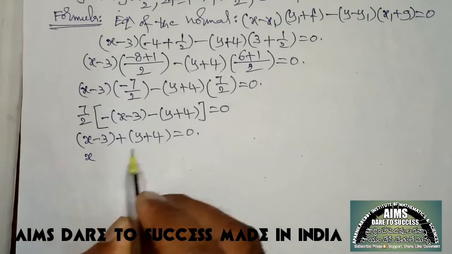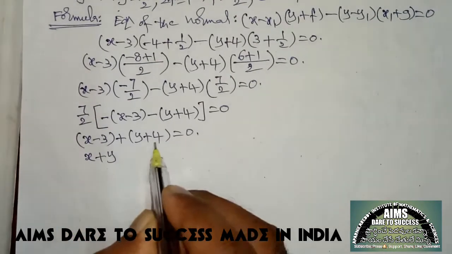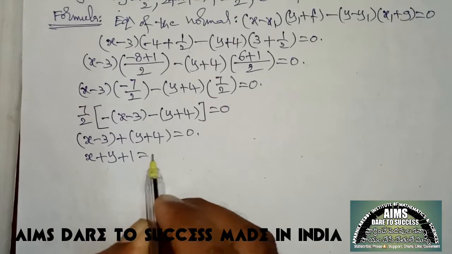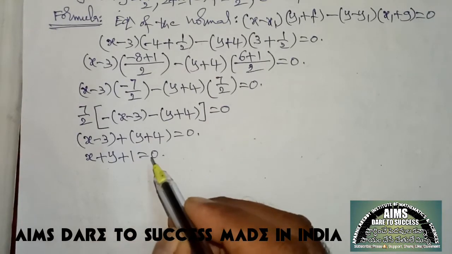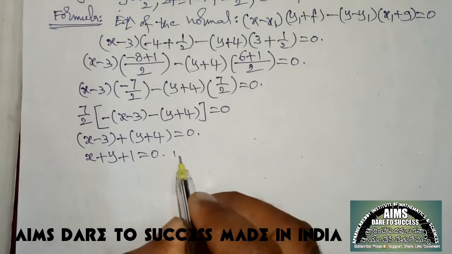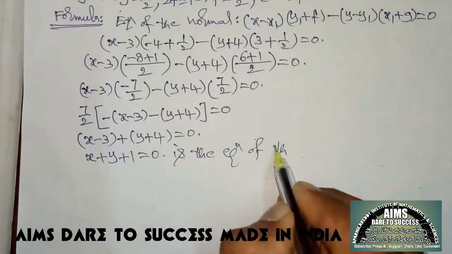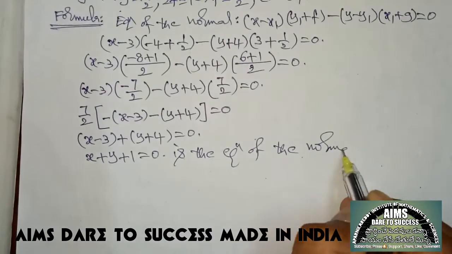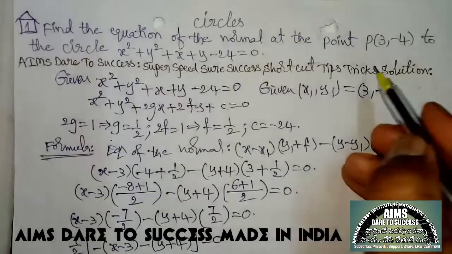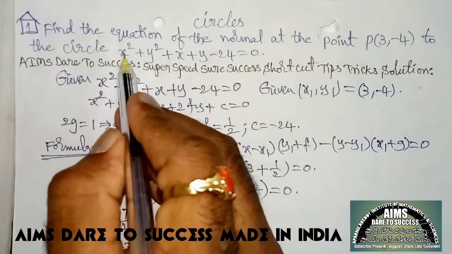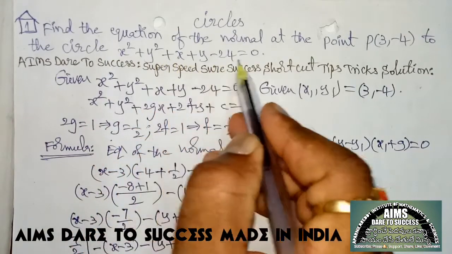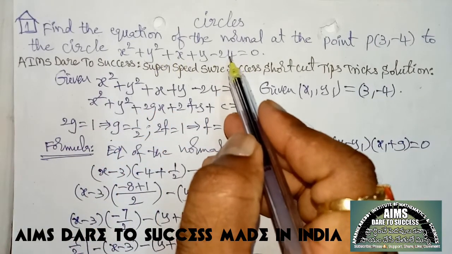The 7 by 2 goes to the right side, and the minus also goes to the right side. So the remaining value is x minus 3 plus y plus 4 is equal to 0. x as it is, y as it is, 4 minus 3 is plus 1, so x plus y plus 1 is equal to 0 is the equation of the normal by using the given point (3, -4) and the circle x square plus y square plus x plus y minus 24 is equal to 0.